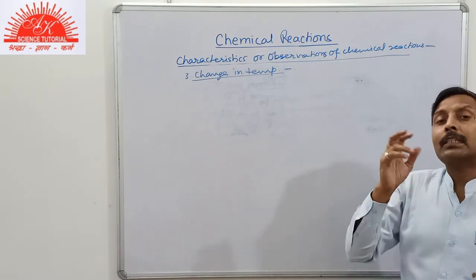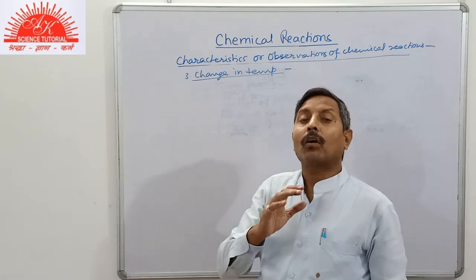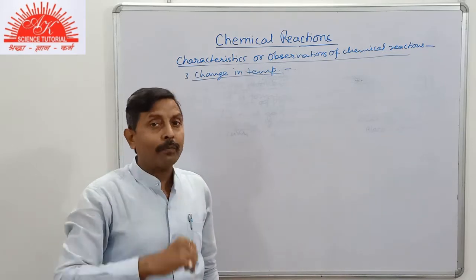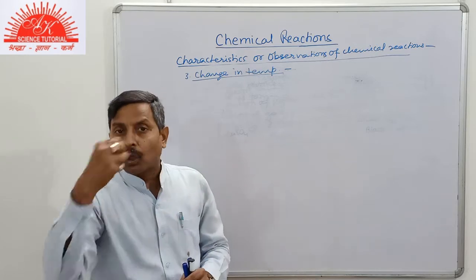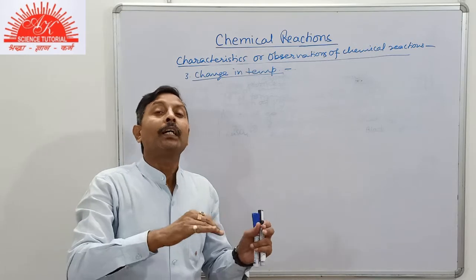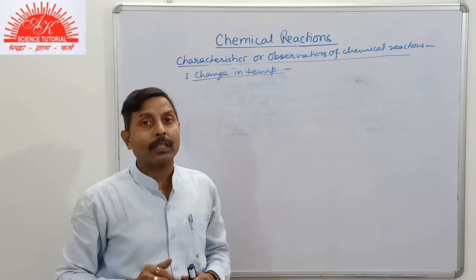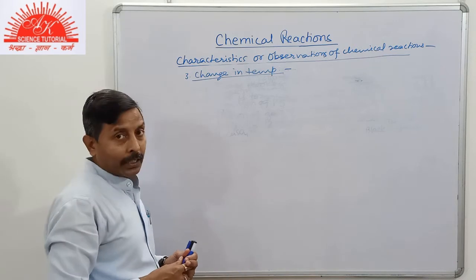That is, in some reactions the heat is produced that will cause rise in temperature. The reaction is called exothermic. In some reactions heat is absorbed causing decrease in temperature, and the reaction is known as endothermic. So here there is the change in temperature.